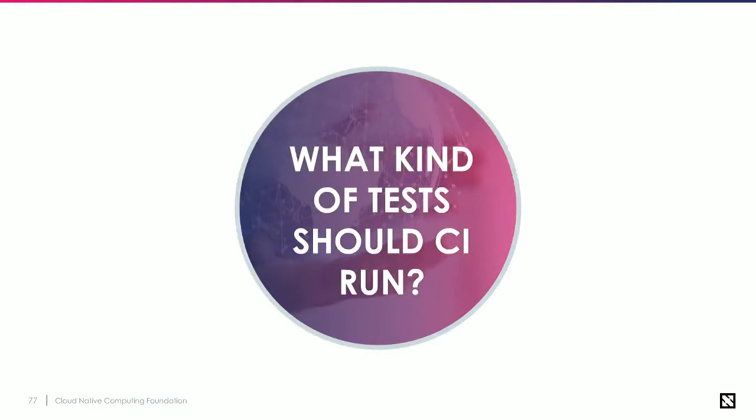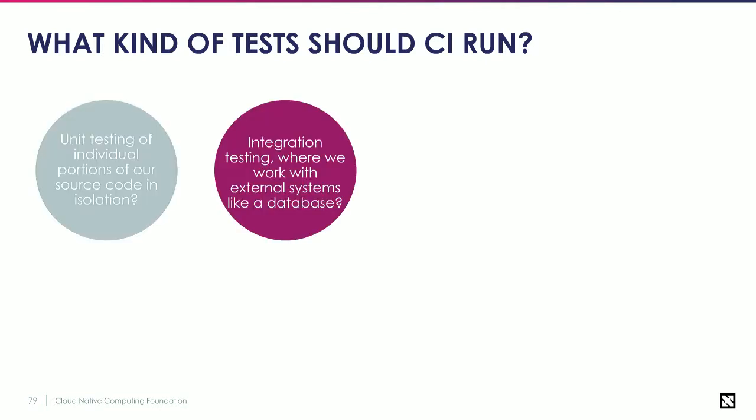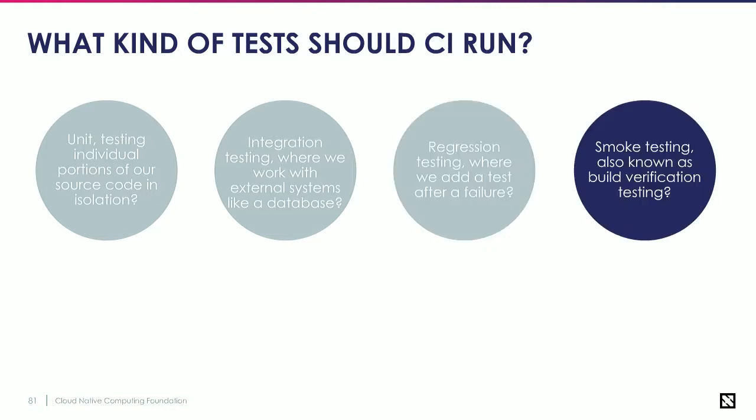Okay, so what kinds of tests should we run? You have unit testing, which looks at individual portions of our source code in isolation. You have integration testing, where we run it with databases and the other software that relies upon it. You have regression testing, where we add a test after every failure.